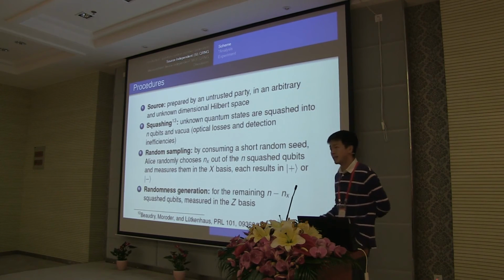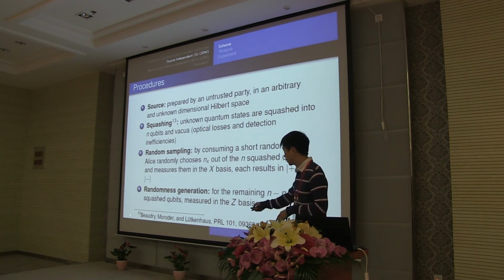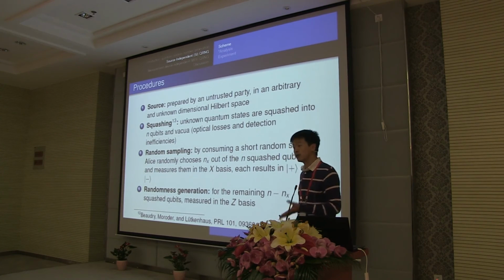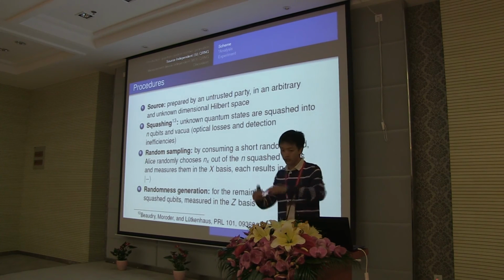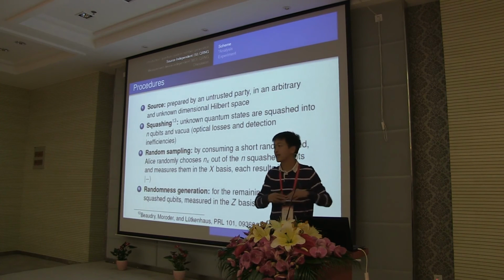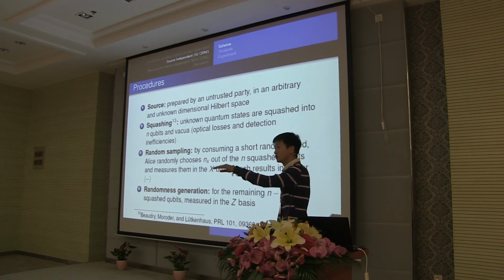In practice, this is a model we call the squashing model. Suppose you have a measurement setting; you have to make sure that it is compatible with the squashing model.